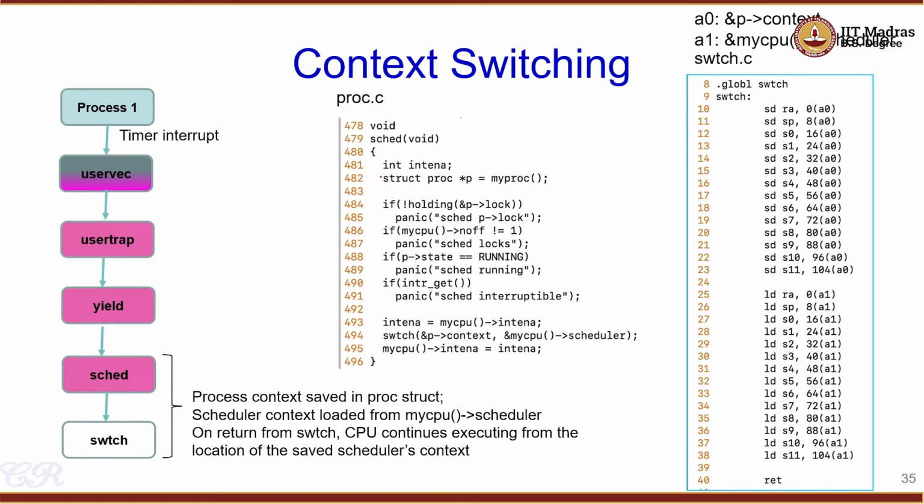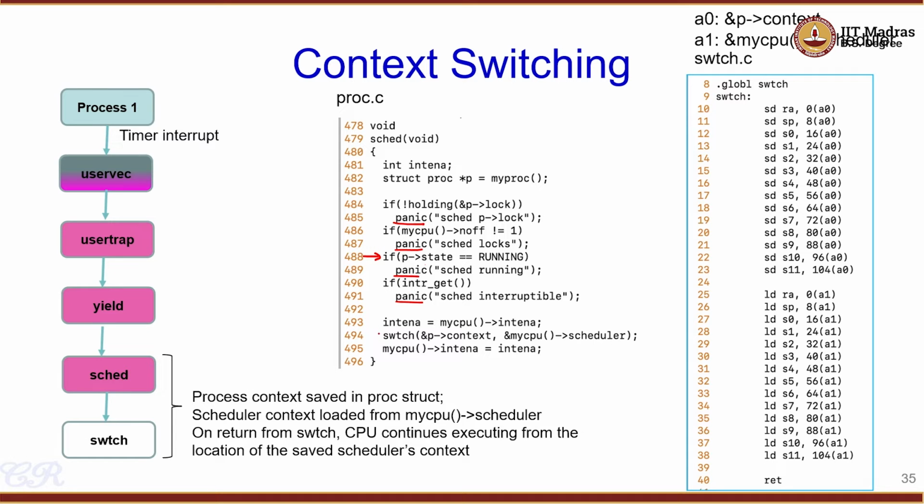It does certain sanity checks. For instance, it identifies if the current state is running, and we know that the current state is already set to runnable. These are sanity checks, and if any of these checks fail, then there is a kernel panic. Essentially, it causes the kernel to crash or stop executing.